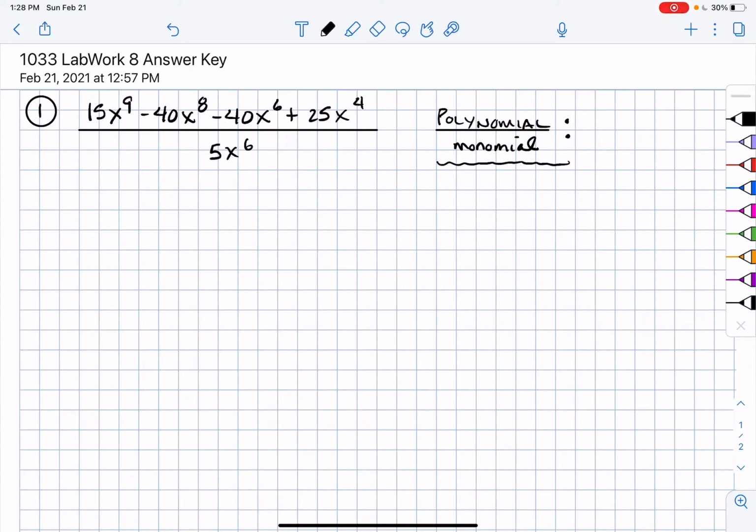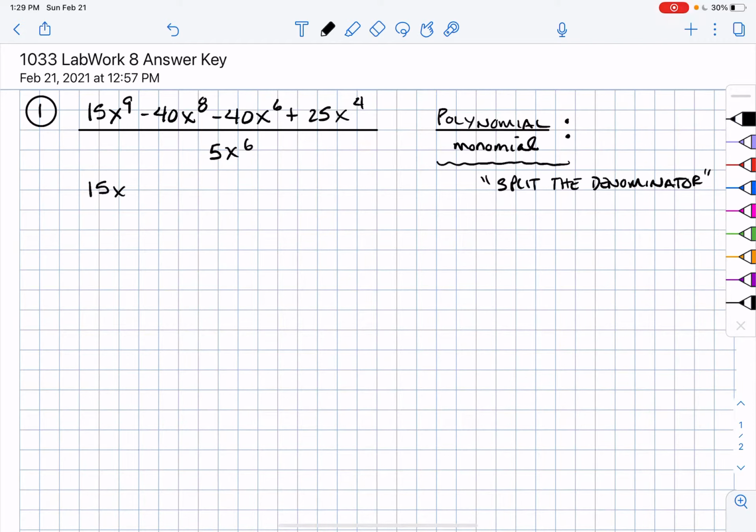Okay, so essentially we're going in reverse with adding, subtracting fractions. So I'm going to call this split the denominator, meaning I'm going to write out a bunch of different fractions here.